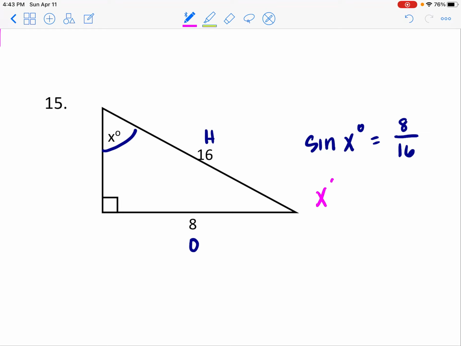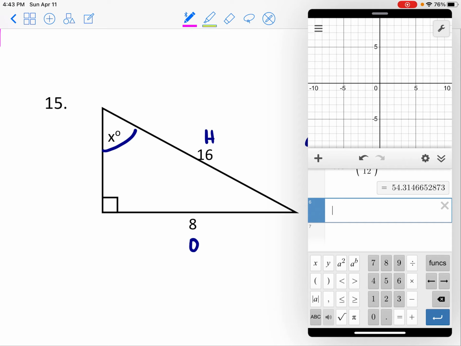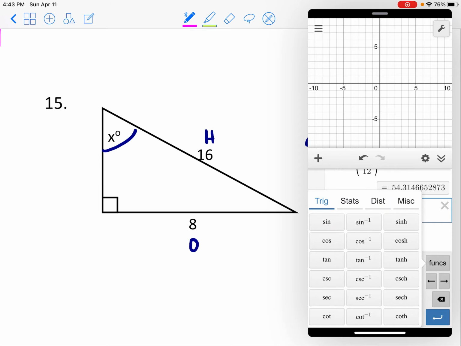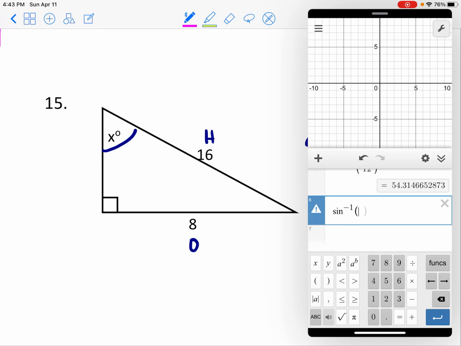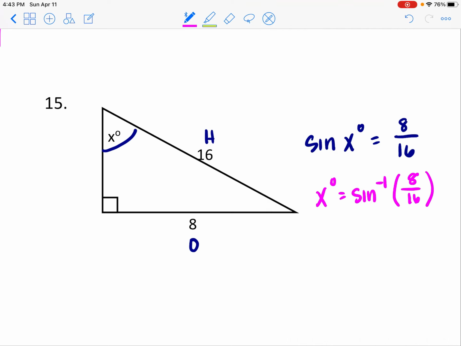So x is going to equal the inverse sine of 8/16, which I know reduces, but let's just put it in the calculator. So we're going to go inverse sine. The sine of what angle gives us a ratio of 8/16, which was a half, right? It gives us 30 degrees. So it says x is exactly 30 degrees.